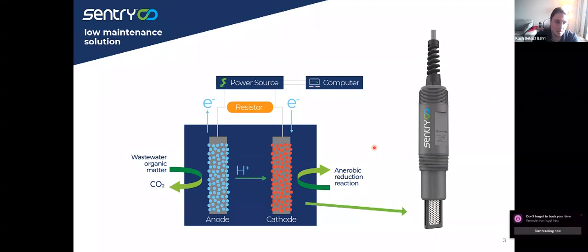So as the water streams through the sensor, it will consume the organic matter and respire electrons to the circuit. We basically measure the current of these electrons, and that is providing insight about the activity of the microorganisms in the system.